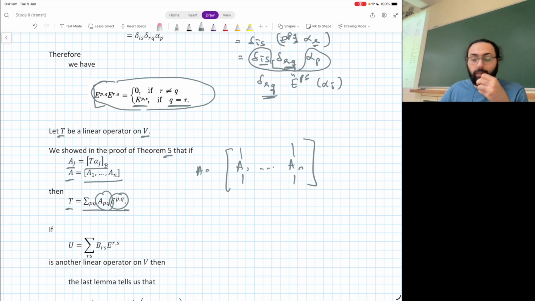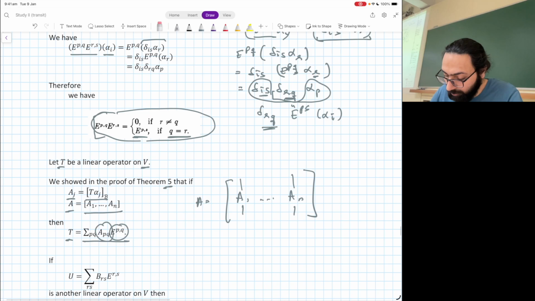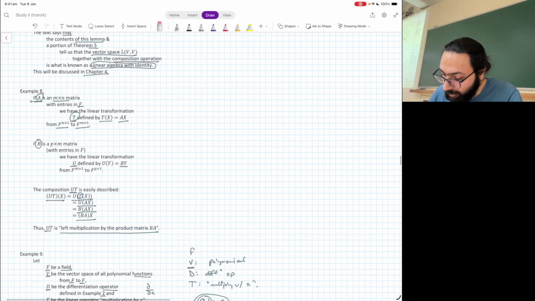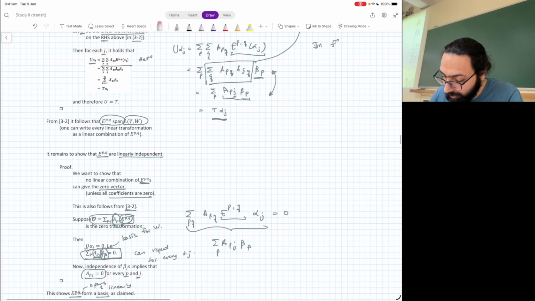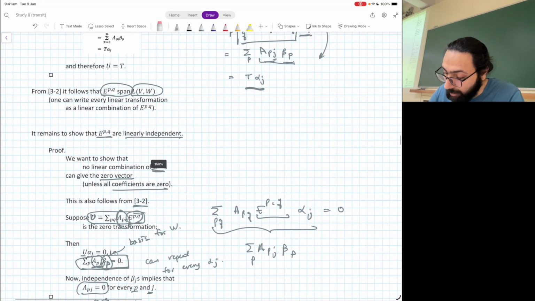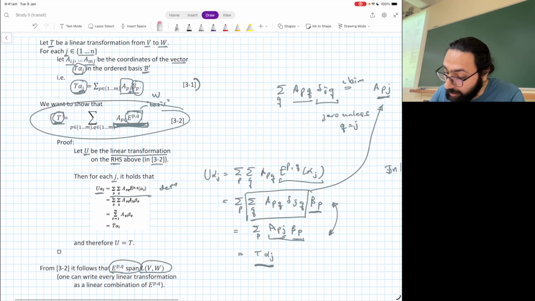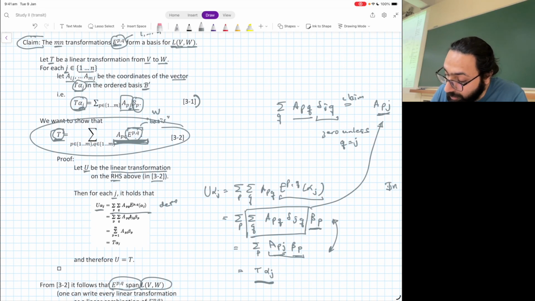If you go back to the proof of theorem 5, let's see where the expression is. So this is what we had. We had written T as a linear combination of these.